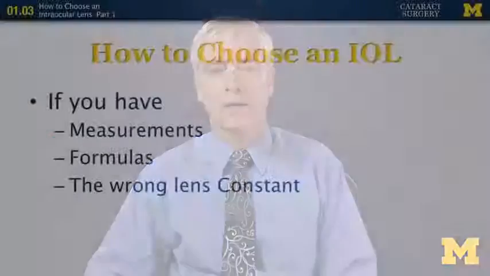What if you have measurements and you have the Holladay 1 formula, you'd like to use that, but you only have the A constant. You don't have the surgeon factor that you need. That's a different constant. You need the surgeon factor to use a Holladay 1. Where do you find that? Or how do you get that?